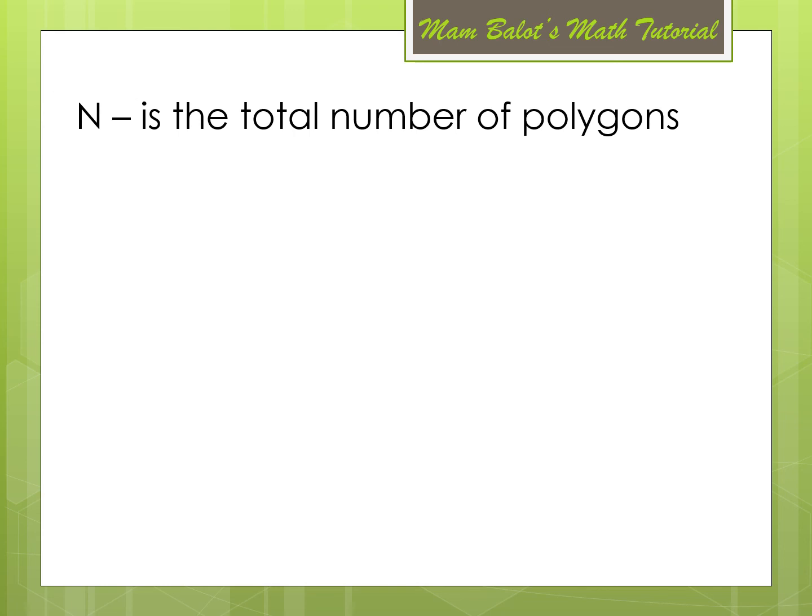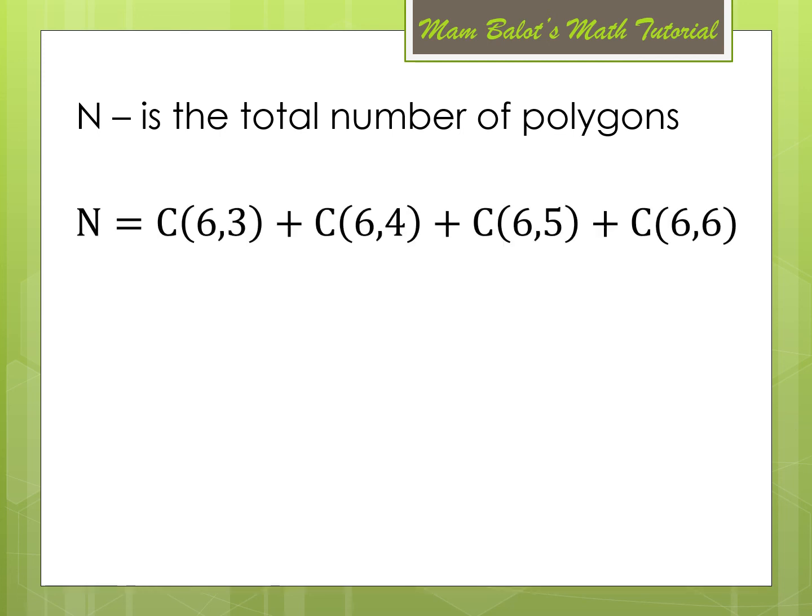Now to solve the problem, we will let n be the total number of polygons. So n is equal now to the combination of 6 taken 3, which is the number of triangles, plus the combination of 6 taken 4, which is the number of quadrilaterals, plus the combination of 6 taken 5, which is the number of pentagons, plus combination of 6 taken 6, which is the number of hexagons.